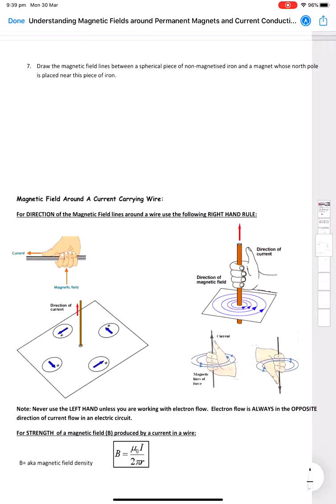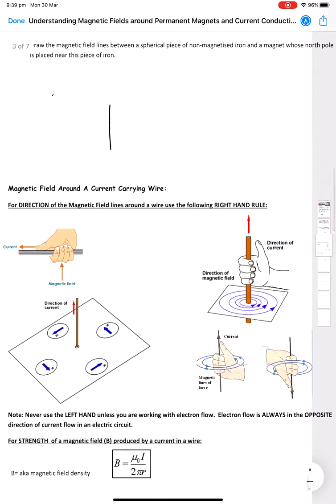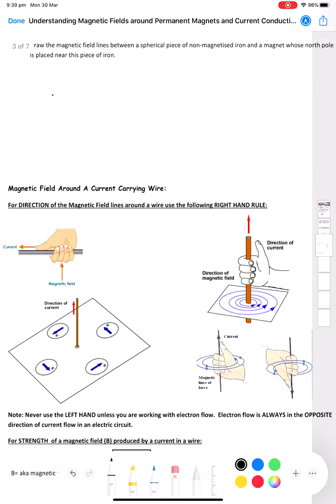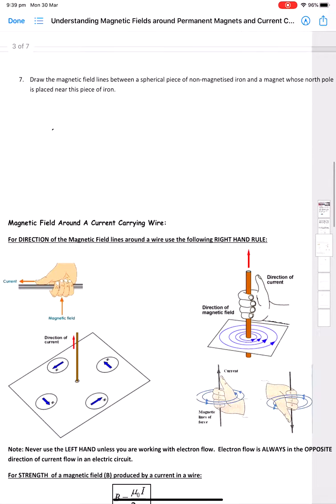It's important that you know that when you have a non-magnetized piece of iron, the iron atoms are able to align themselves to a magnetic field. Hopefully you all know that not every piece of iron is magnetized; there are pieces of iron that have no magnetic field to them.